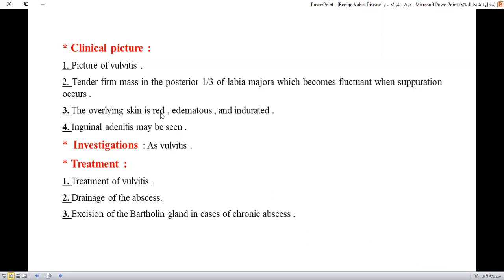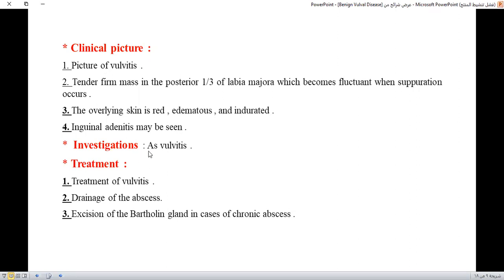The overlying skin is red, edematous, and indurated, with inguinal adenitis. Like vulvitis, there will be local pain, pruritus, tender firm mass, posterior third of labia majora, redness, the skin red, edematous, indurated, and inguinal adenitis.